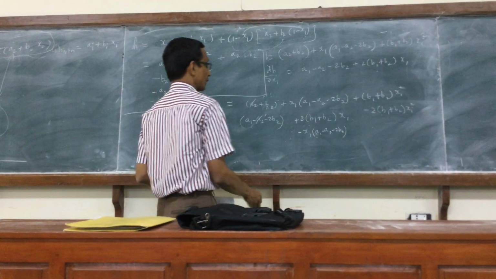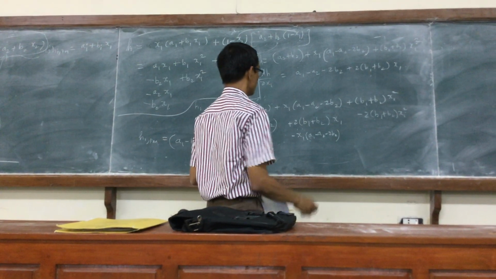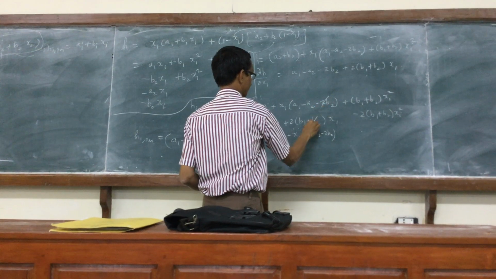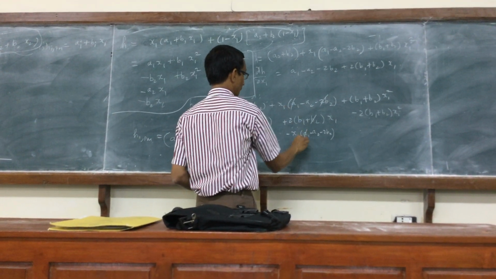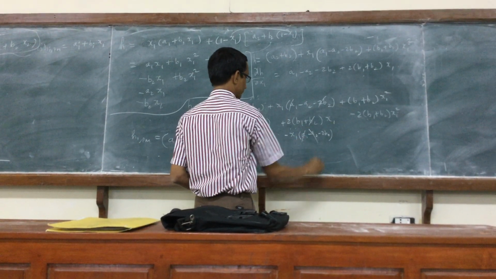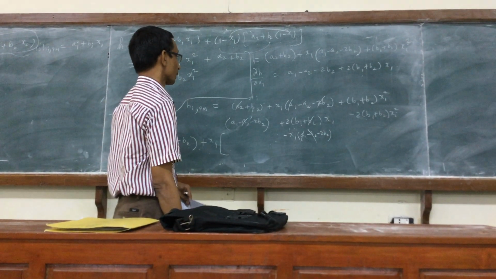And then let's collect together all the terms involving x1. So 2b2 will get cancelled here, right? And then I have a plus a1 and a minus a1, and I have a minus a2 and a plus a2. So a fair amount of terms are getting cancelled.